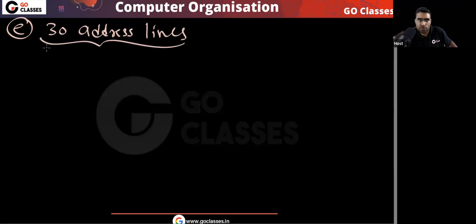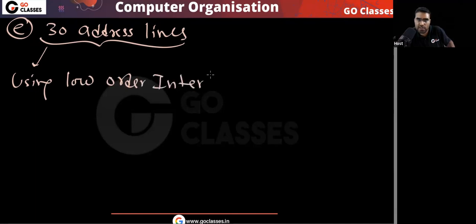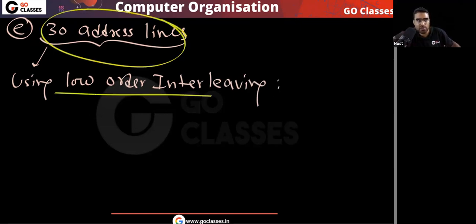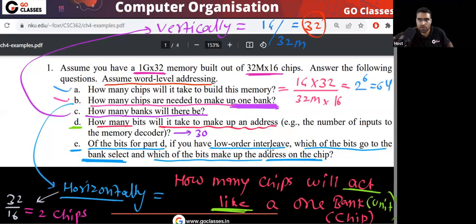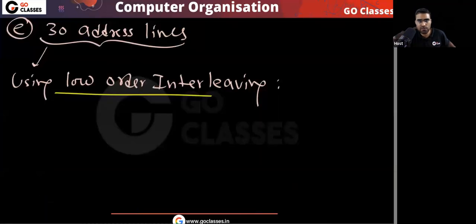Now, using low order interleaving, we want to use low order interleaving. Tell me, how many lines will be used for bank select? Read the question, option E. It is saying that if you use low order interleaving, which bits will go to bank select?